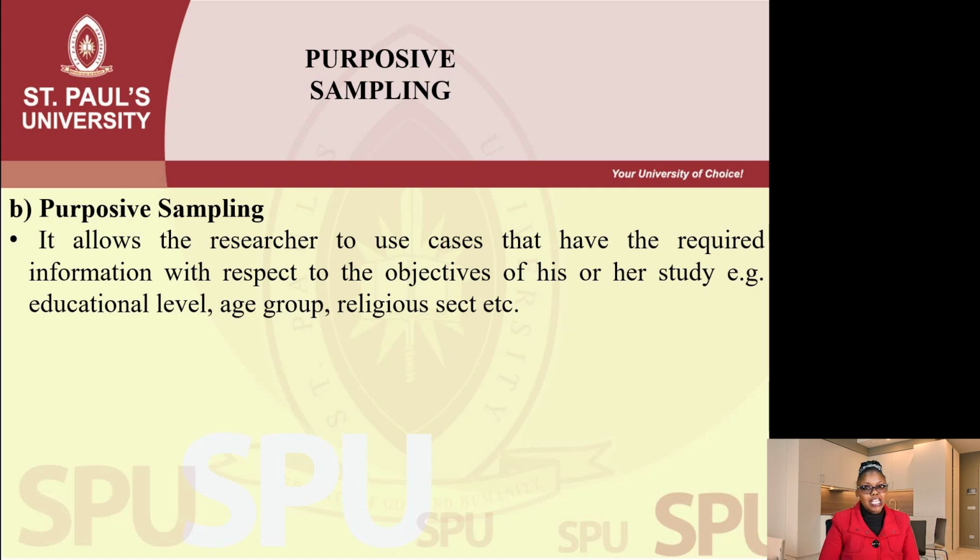For example, let's say you're collecting data again in St. Paul's University among the students. Maybe there's an issue to do with boarding or welfare, and that is what you're researching on among St. Paul's University students.